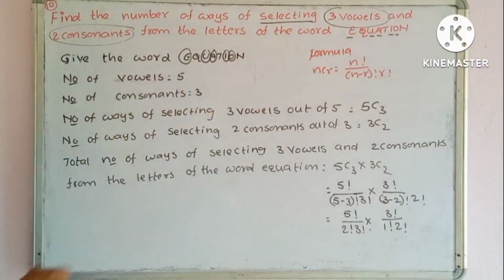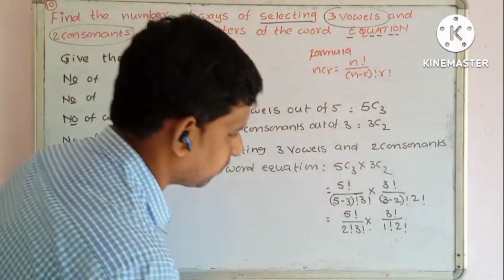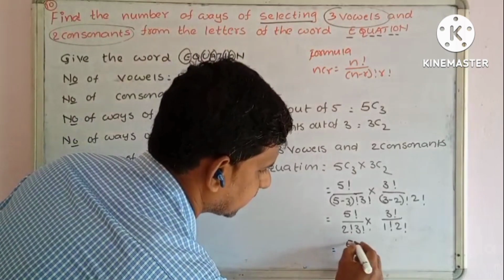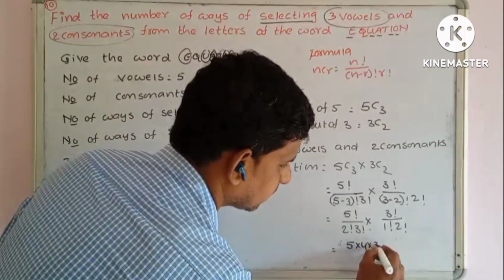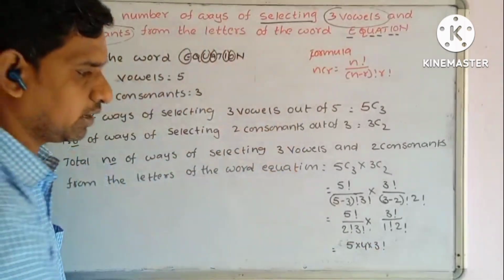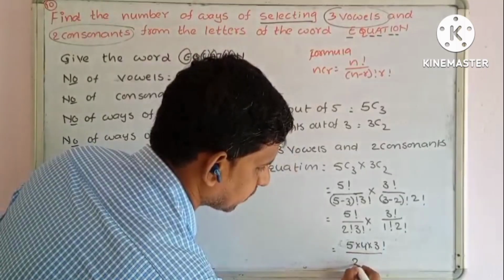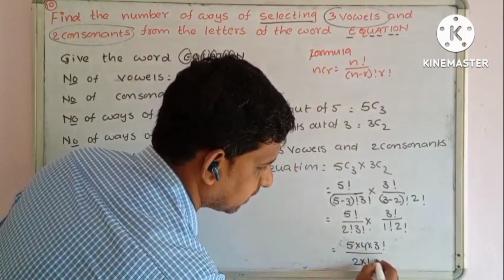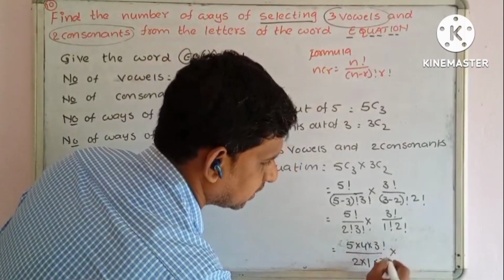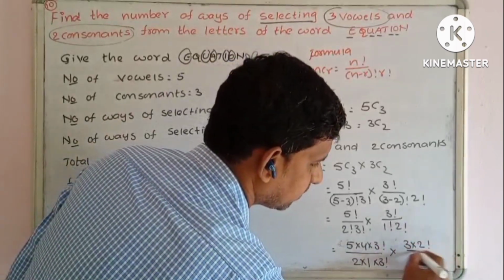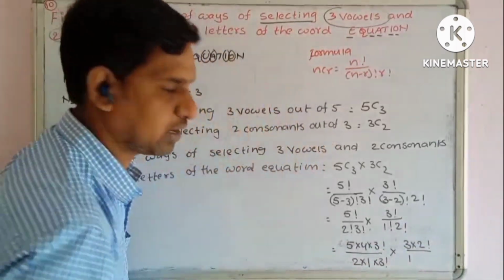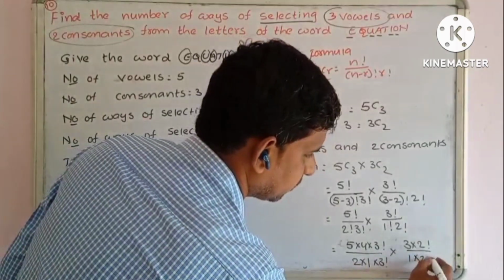See now, 5 factorial can be written as 5 times 4 times 3 factorial, divided by 2 factorial, which is 2 into 1, multiplied with 3 factorial, written as 3 times 2 factorial, by 1 factorial into 2 factorial.